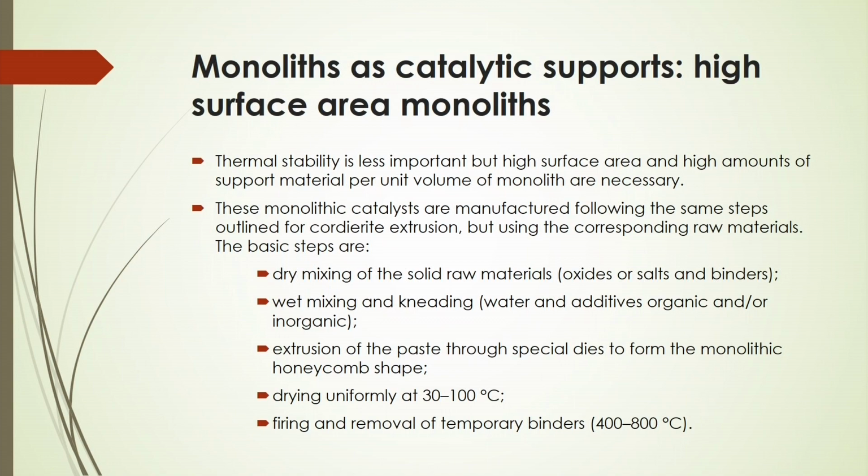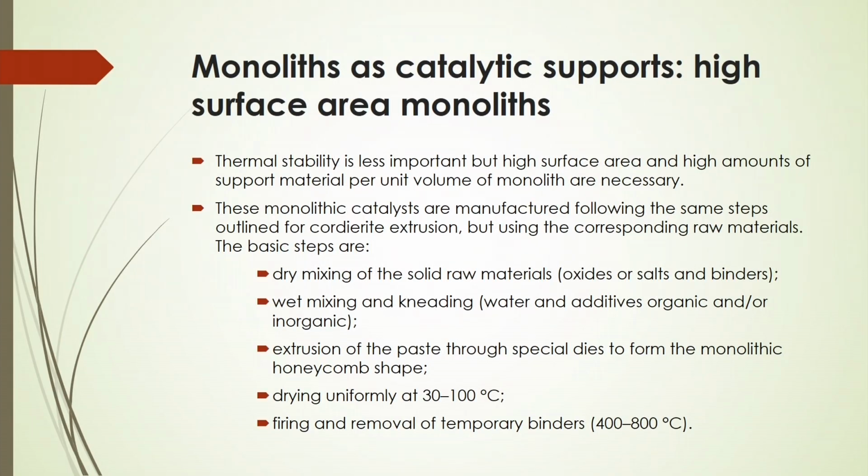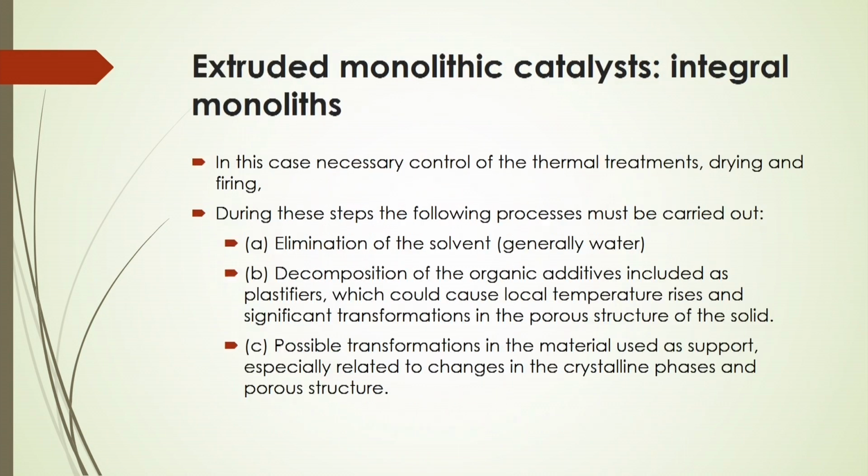Then wet mixing and kneading, where water and additives, organic and inorganic substances, are used. Then extrusion of the paste through special dies to form the monolithic honeycomb structure, and then drying uniformly at 30 to 100 degrees centigrade. Then you have to sinter or fire it, with removal of temporary binders at 400 to 800 degrees centigrade. So, these are the steps that you have to follow to get these high surface area monoliths.